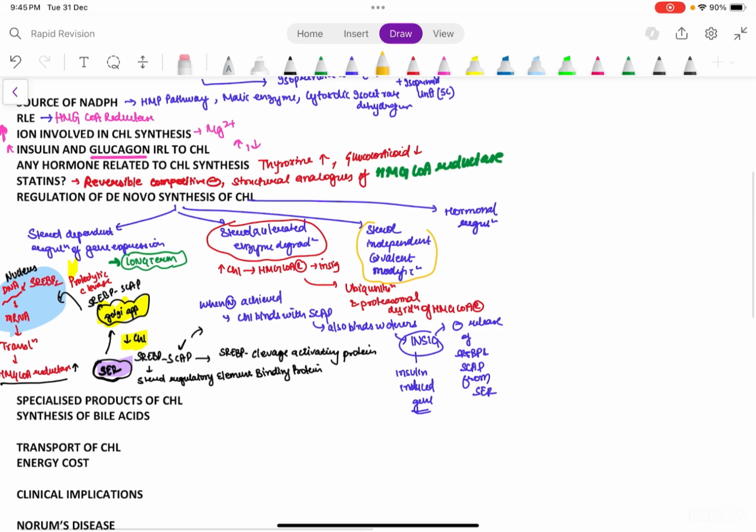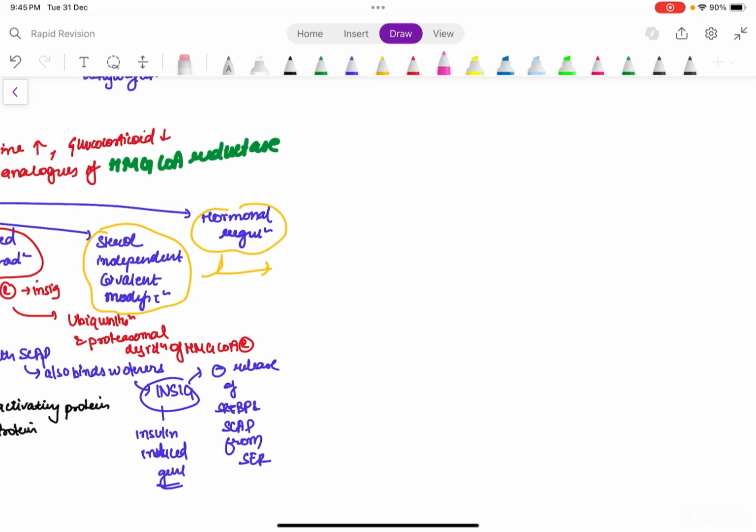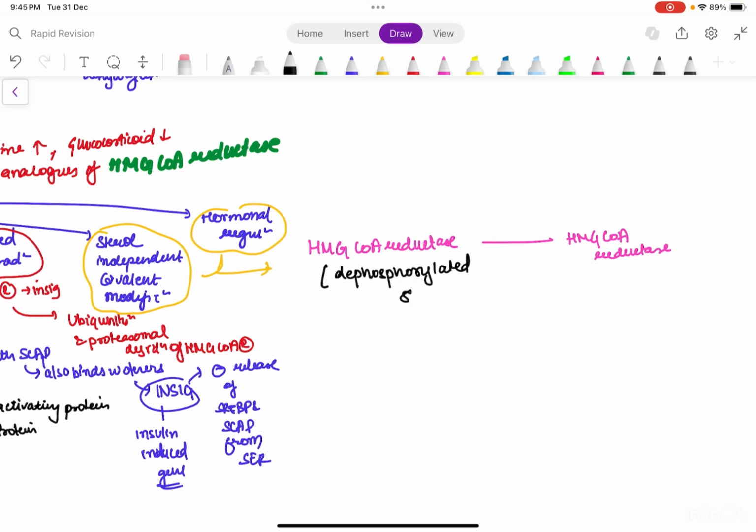Now talking of sterol independent and hormonal regulation, just know that when we talk about HMG CoA reductase, in the dephosphorylated state it is active.